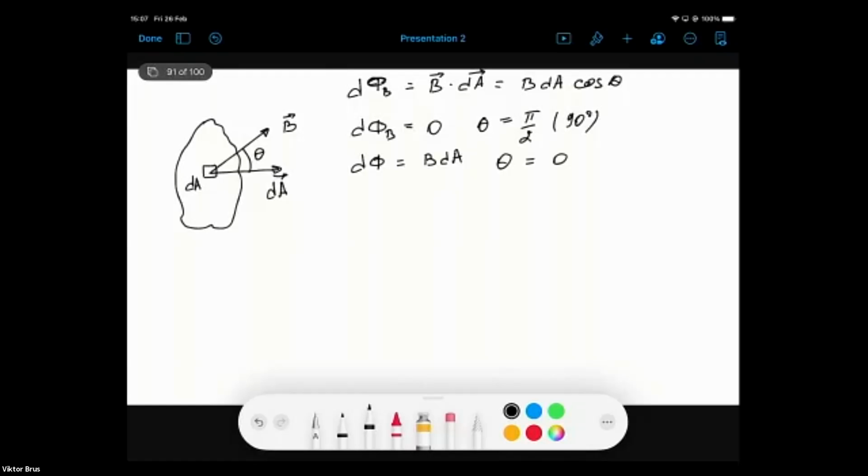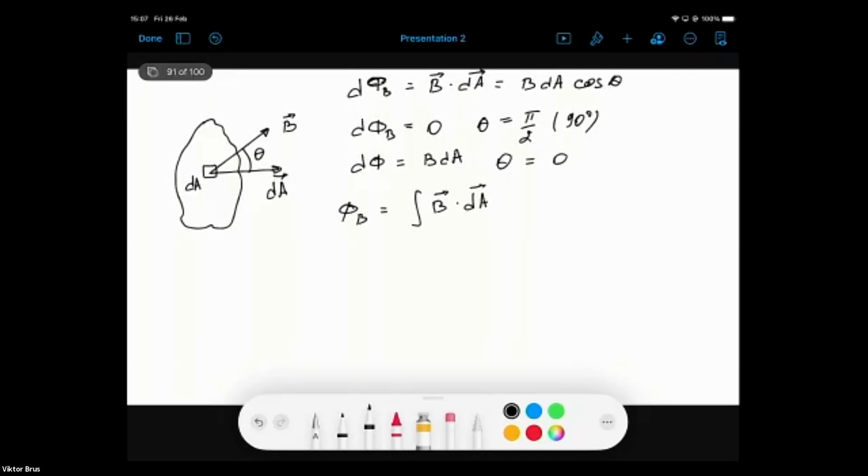So obviously, if we want to know magnetic field flux through a whole surface, we need to integrate. Total magnetic field flux will be the integral over this surface of the scalar product of magnetic field vector and dA vector.